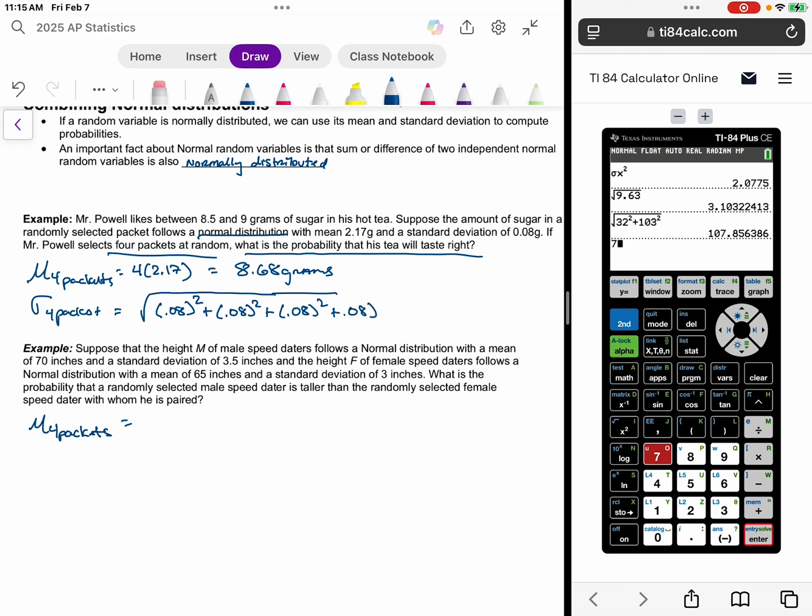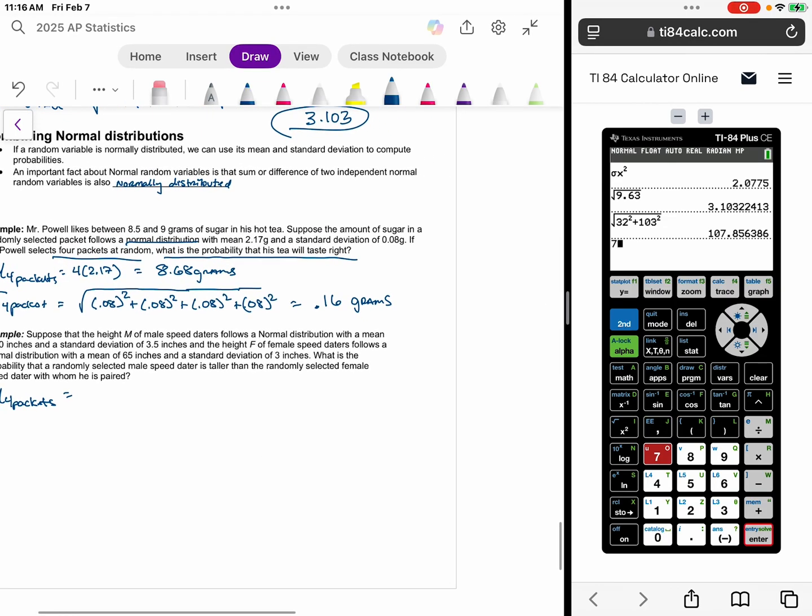We can't combine standard deviations together. So I have 0.08 for each packet squared. Now you could say 4 times 0.08 quantity squared if you wanted to shorten up the math. That works out to save you some time. About 0.16 grams roughly is what that works out to be.